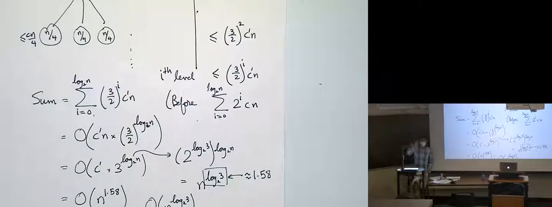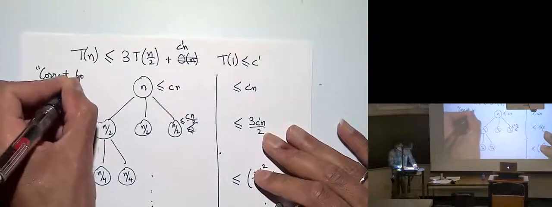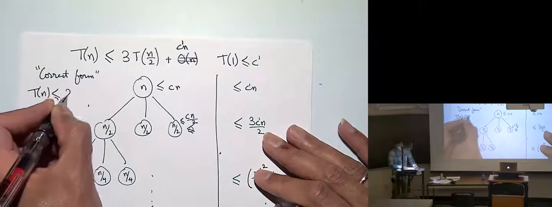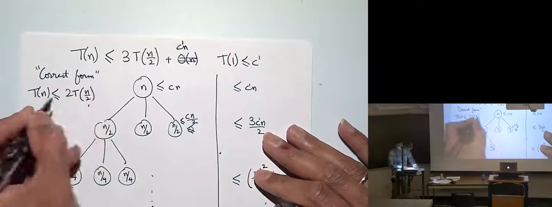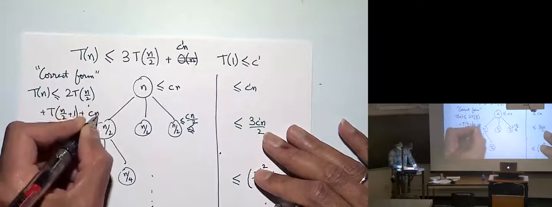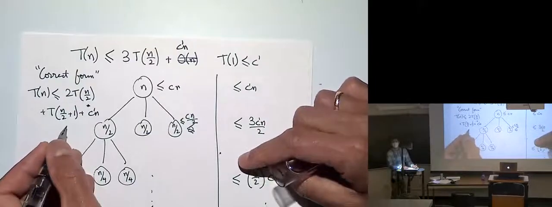The correct form would be T(n) is at most 2T(n/2) plus T(n/2 + 1) plus c' n, because there was an extra bit there.